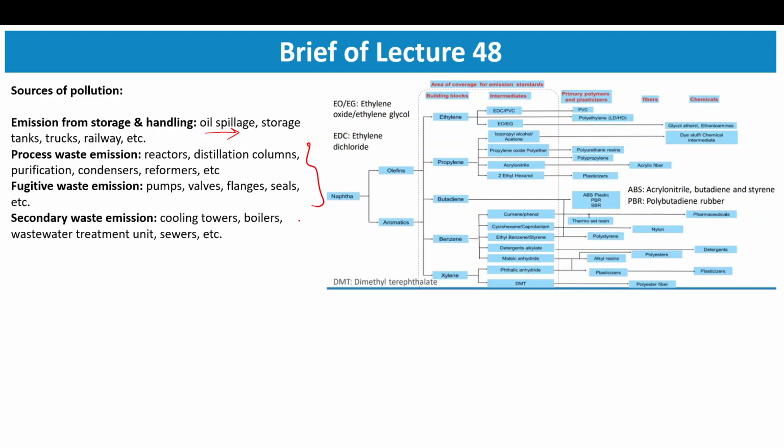So all these sub processes, or cooling towers, where water is used in heat exchangers, are indirect sources of waste generation, which is secondary waste emission.